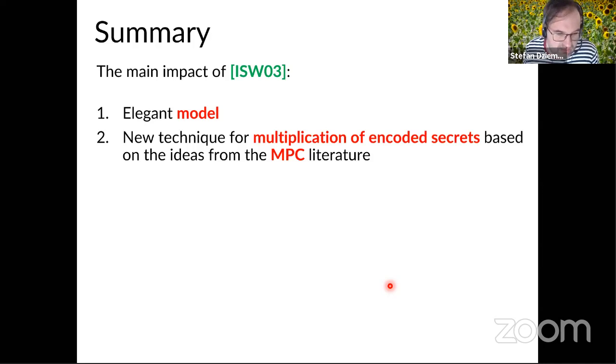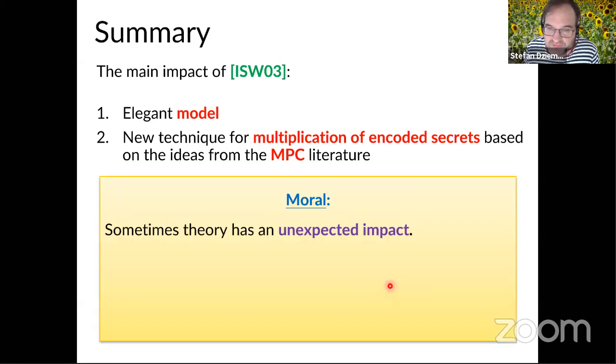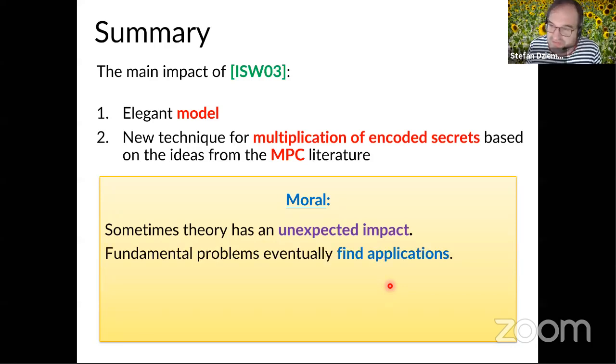So I think the take-home message from this part is that sometimes theory has an unexpected impact. Okay, so people were inventing MPCs for a different purpose, and it worked in this context. Also, that fundamental problems eventually find applications. That's very common in theory that people invent some natural problem and they don't have a concrete application in mind yet, but it just looks natural.